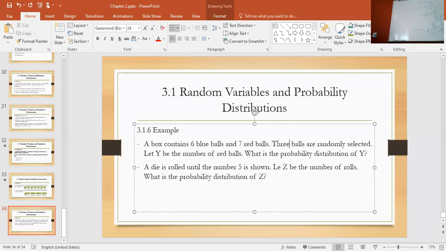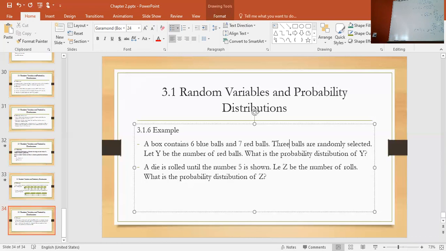So the probability that Y equals 2 will be, we have 0, 1, 2, 3. The probability that Y equals 2 is that we want 2 red balls, so we will choose 1 blue.